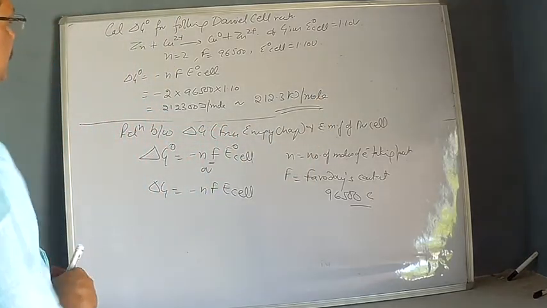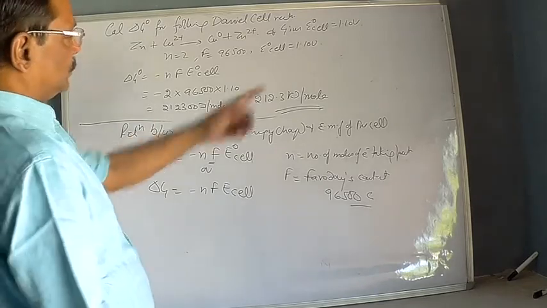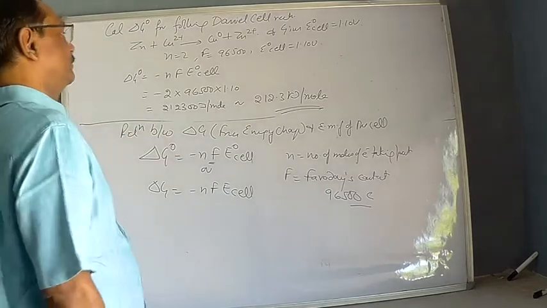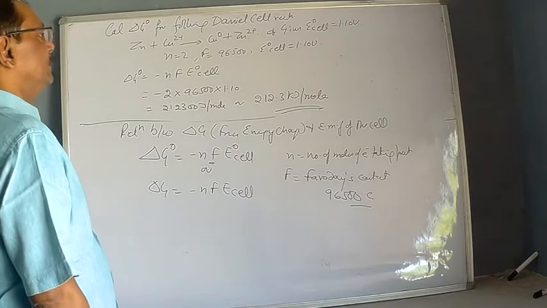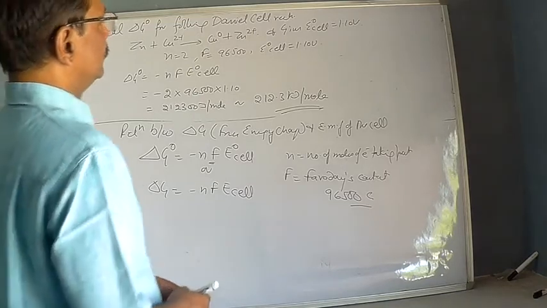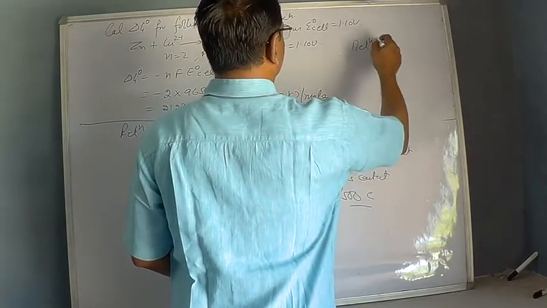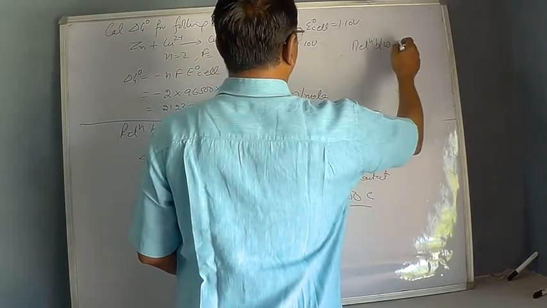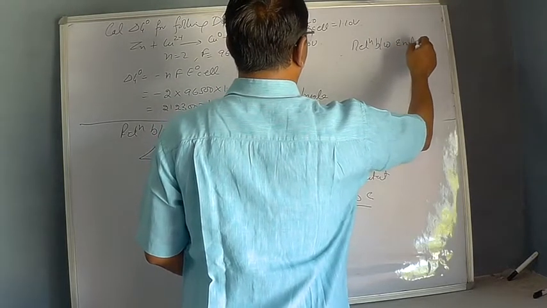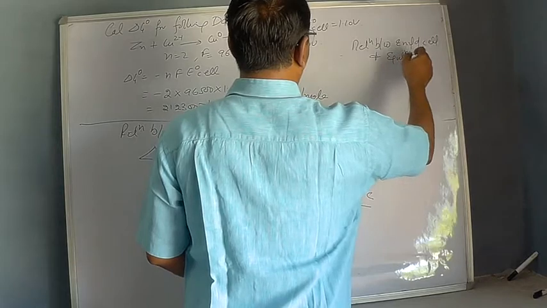Class, quite often this question is asked in your board examination. Nernst equation, this equation, these are very, very important. Class, when next time we'll meet, we'll work on the relation between EMF of cell and equilibrium constant Kc.